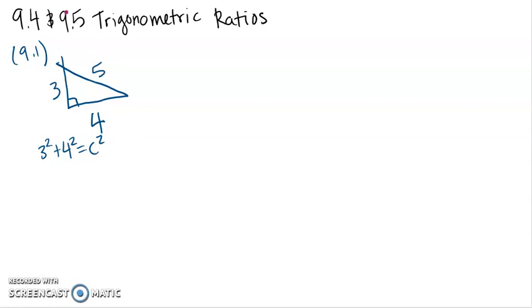And then in the other section, 9.2, we used special right triangles. If we were given information, for example that this was an isosceles right triangle, then we know this would be a 45, 45, 90 triangle.